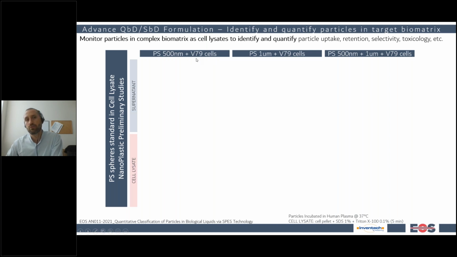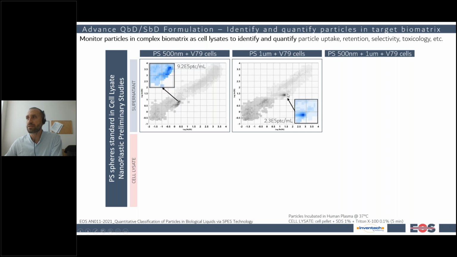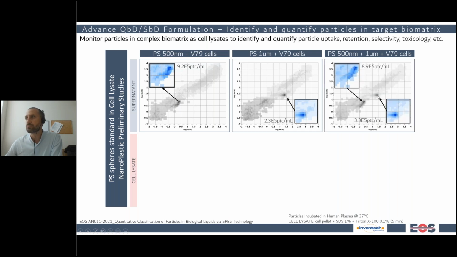So we feed the cells with the particles, and after a proper time, we take the supernatant and measure it. As you can see, there is a very broad component related to the corpuscles in the supernatant, but also we are able to appreciate the presence of the particles of half a micron polystyrene at this concentration. We are able to observe the presence of 1 micron particles in the supernatant, but also the presence of the two.